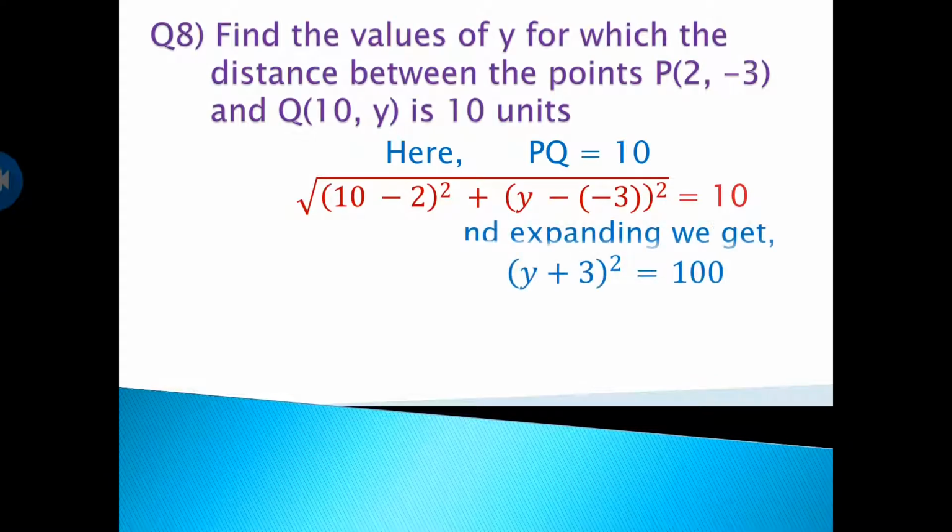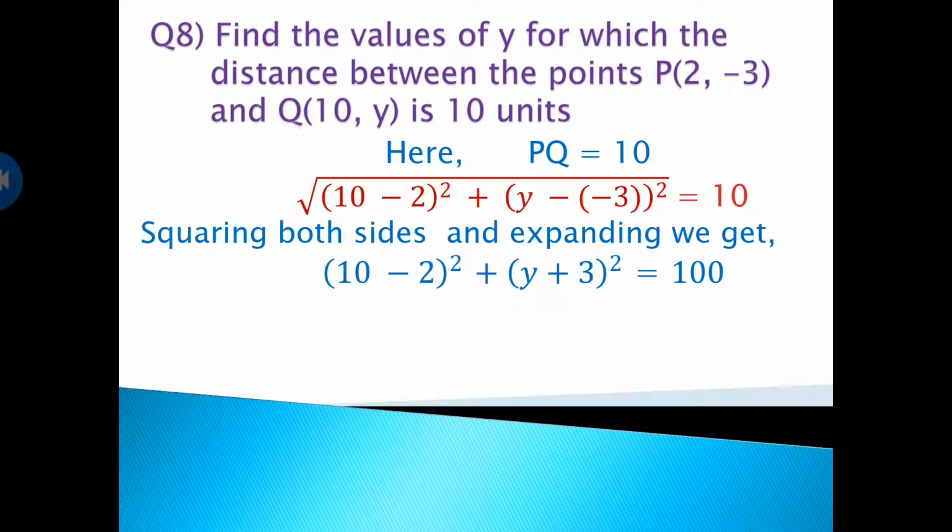Okay, children. Now another question. The question is, find the values of y for which the distance between the points P(2, minus 3) and Q(10, y) is 10 units. Here directly the distance between PQ is given as 10. So by using distance formula we get under root (10 minus 2) whole square plus (y minus minus 3) whole square equal to 10.